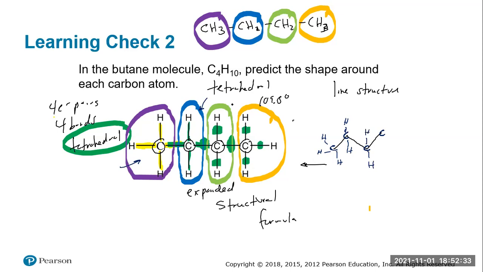And the guy at the end would have 1, 2, and 3 hydrogens along with the line coming in, which would give it 4 bonds. Now, typically in line structure, we don't write any of that in. We just simply write that, and that represents basically this compound right here. Question on that?